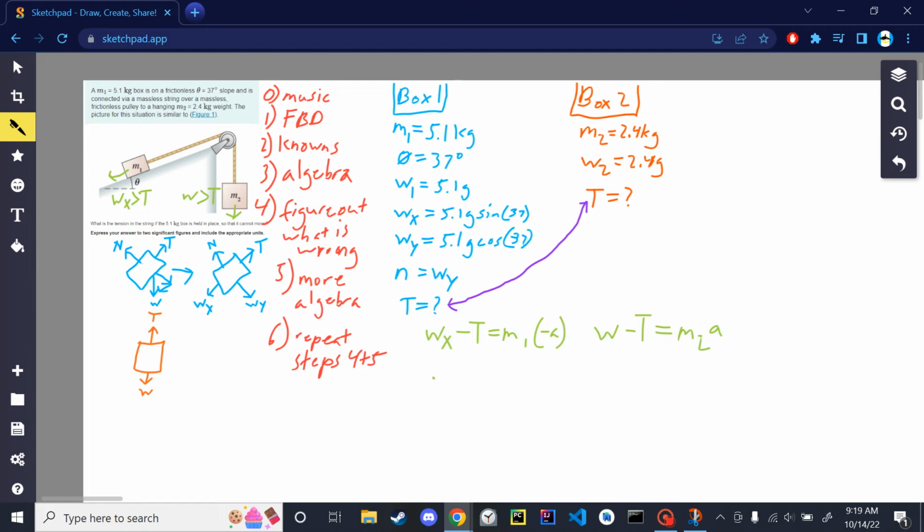So we have Wx plus m1 times acceleration is equal to tension, because that negative sign goes there, and so you add it.